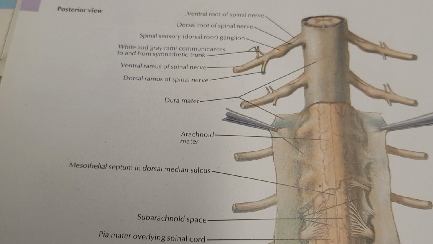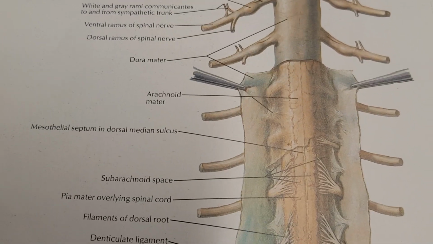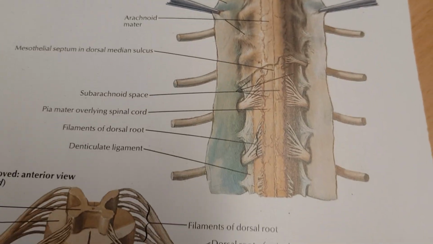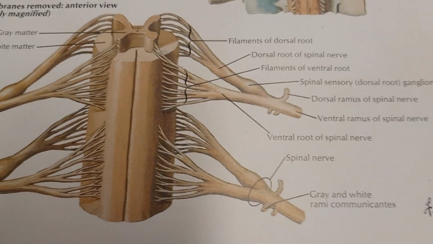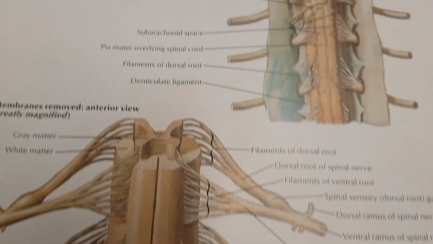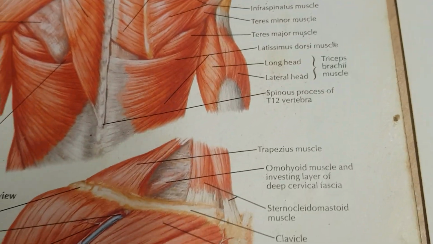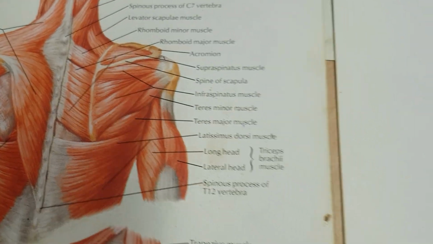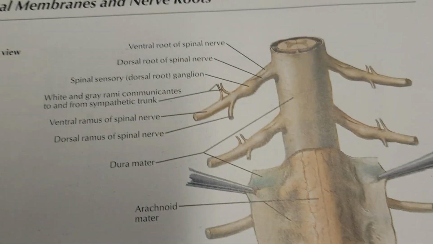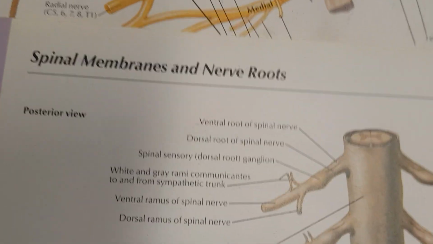This part is the way peripheral nerves originate or join the spinal cord. There are a few muscles that we will have to mention throughout our session as we go through the brachial plexus.